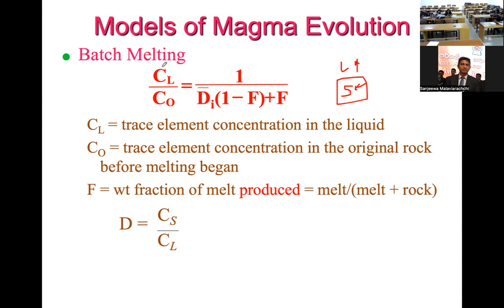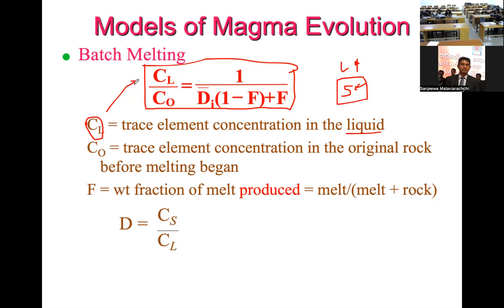Okay, but we have an equation which gives you a calculation for the concentration of the trace element within the liquid, right? Cl here is the concentration of the particular element. We can take any element, right? For each and every element, you can calculate the composition one by one.